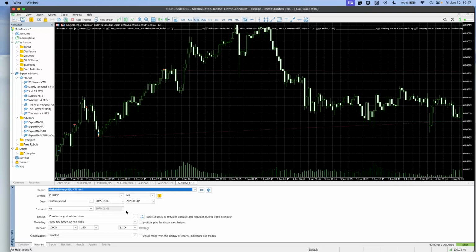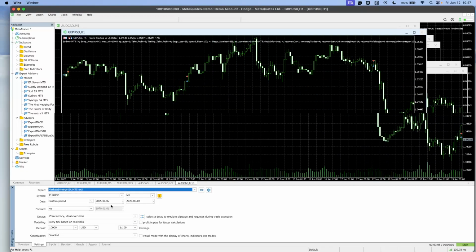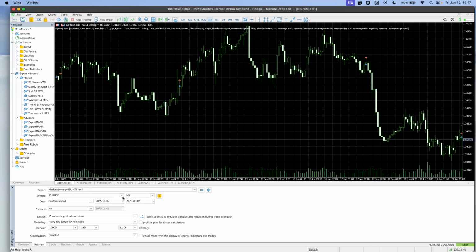Now I had the chance to backtest this EA on MetaTrader 5 on EURUSD on the 1 minute time frame as recommended, and it was from June 2025 to June 2026, on every tick based on real ticks modeling on a $10,000 account. And let's look at the results.